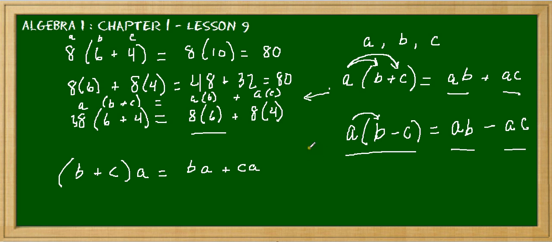Now, let's go ahead and write the second one. We have (B minus C) times A, and that would be equal to BA minus CA. Now, we know that when we multiply two things, let me just give you the perfect example of 2 times 4.